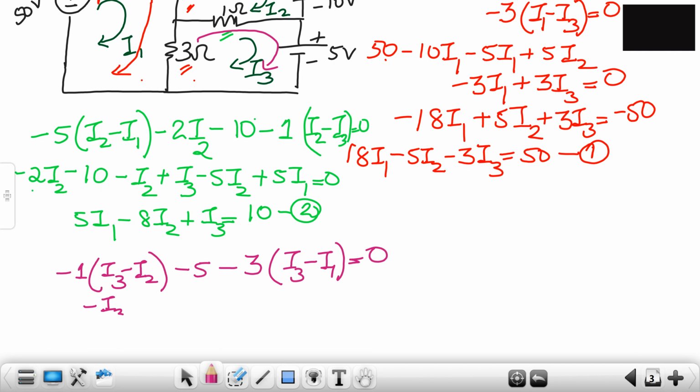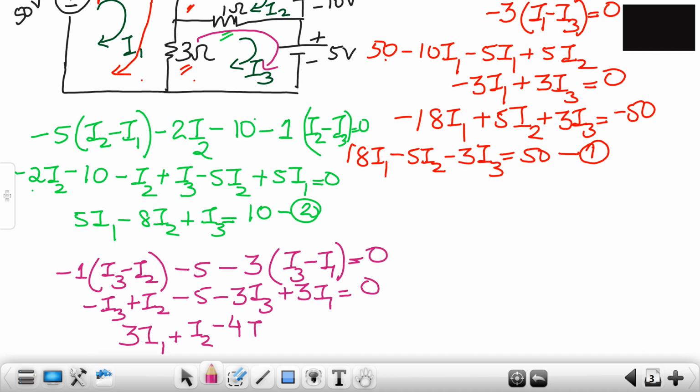When you open up the bracket, minus I3 plus I2 minus 5 minus 3I3 plus 3I1 is equal to 0. So what you get is 3I1 plus I2 minus 4I3 is equal to 5. So this is your equation number 3.